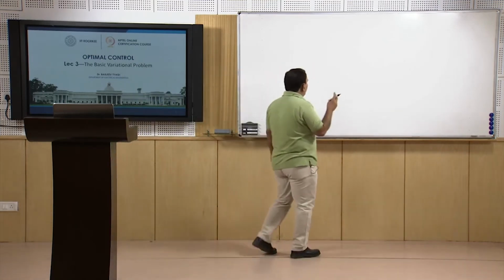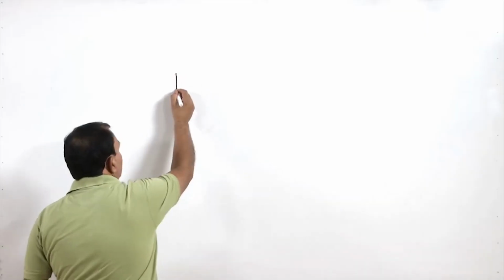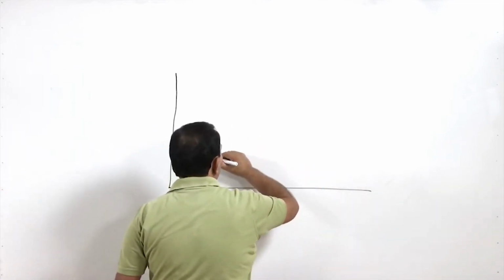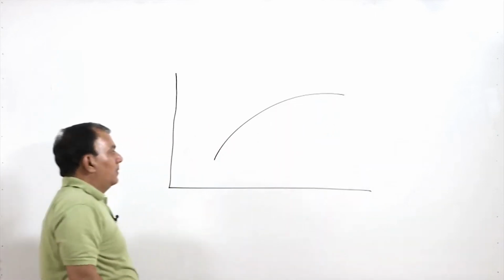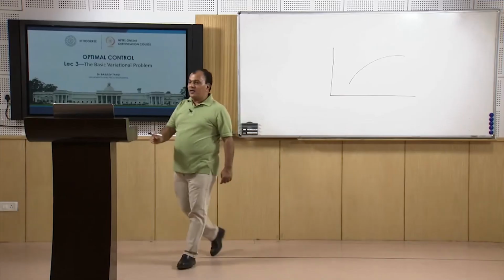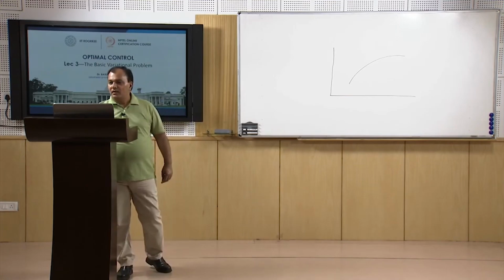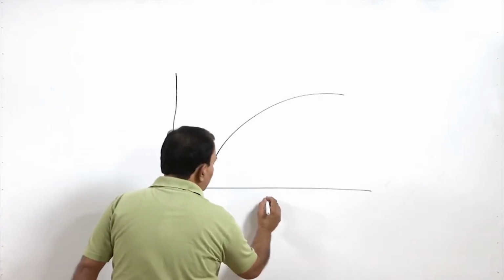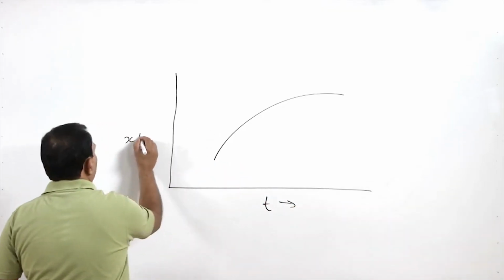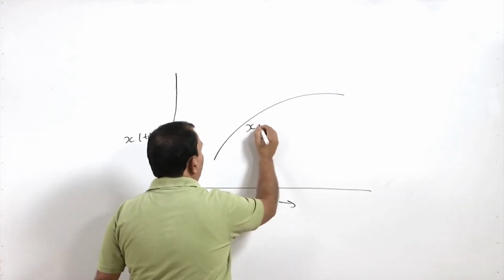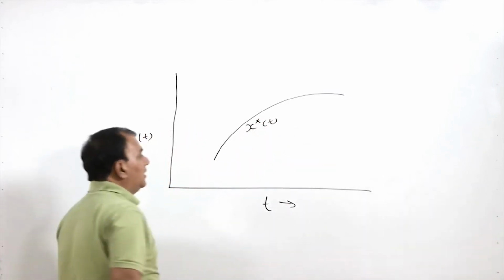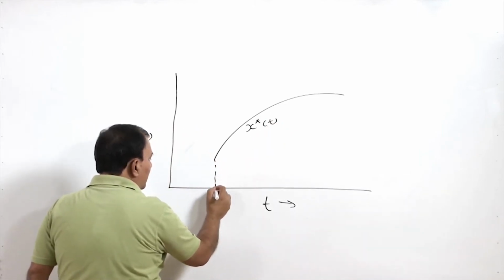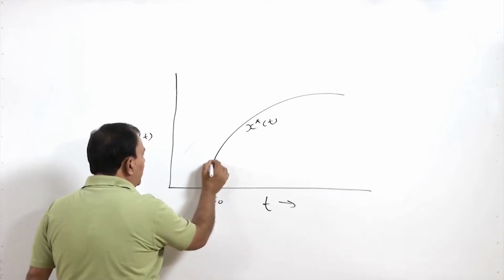So, for the given J, we assume, let this represent my optimal trajectory x star of t. t0 is my starting point.